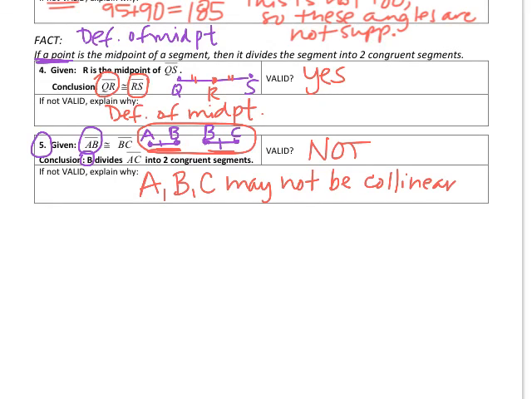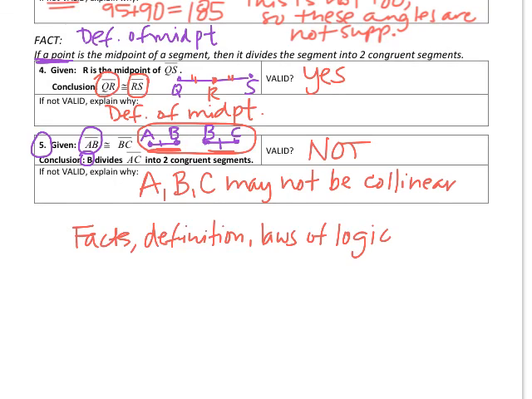So just to wrap up, deductive reasoning is using facts of geometry or math, definitions, and laws of logic to make conclusions. Please make sure you do your on your own problems, and then again, you can ask questions in class if something did not make sense.